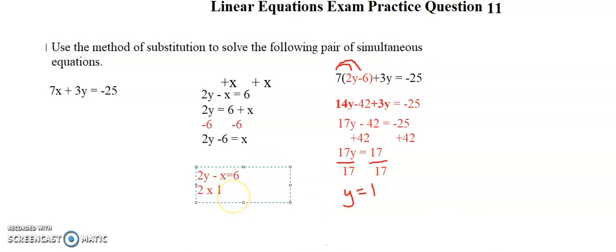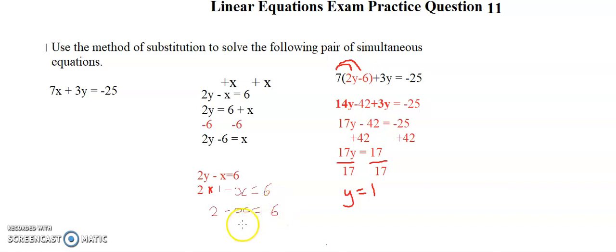So it's 2 times 1 take x equals 6. 2 times 1 is 2, so 2 take away x equals 6.